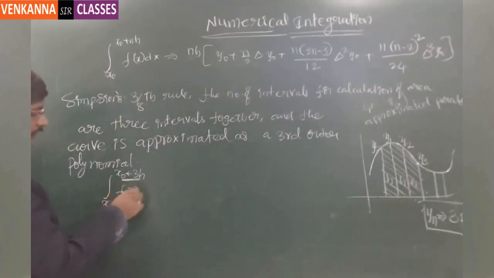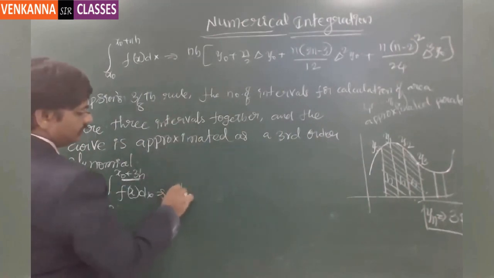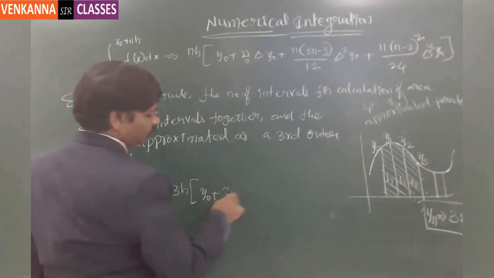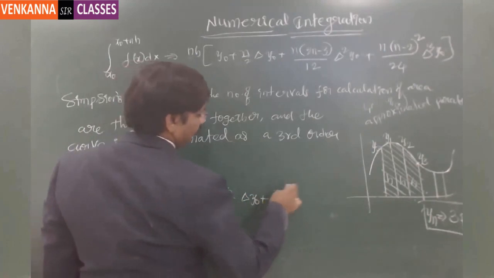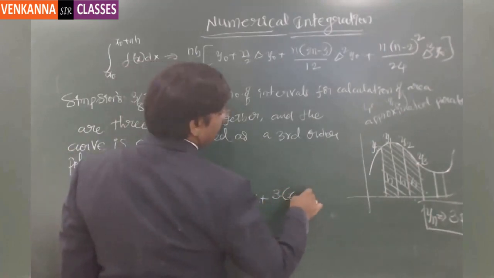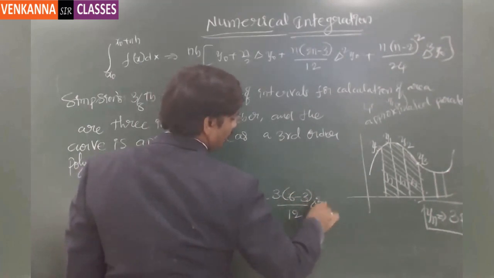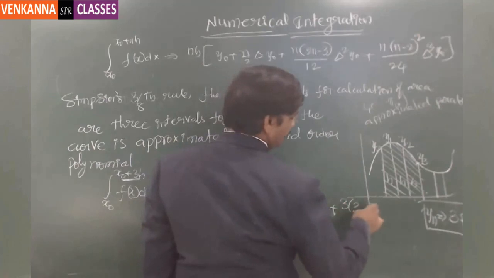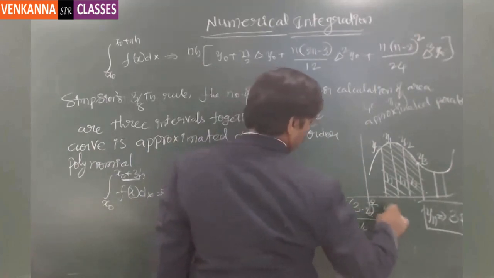So integral of f of x dx is equal to 3 times h into y0 plus 3 by 2 times delta y0 plus 3 into (3 minus 3) divided by 12 into delta square y0 plus 3 into (3 minus 2) whole square divided by 24 into delta cube y0.